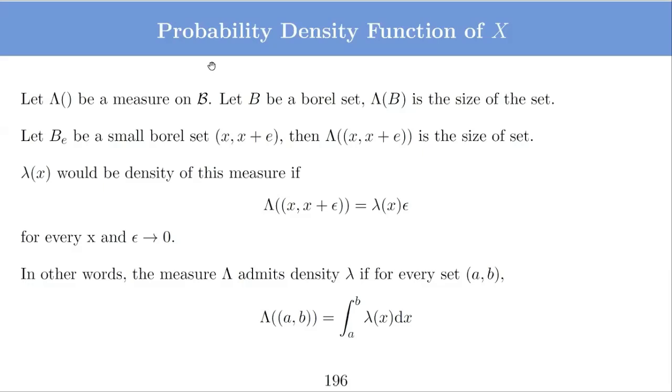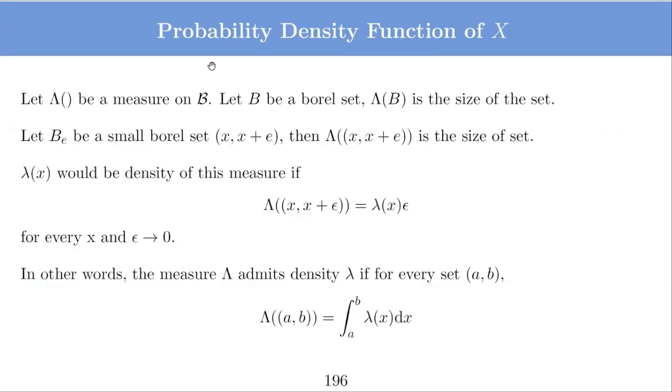I'm still talking about one dimension, so this is the Borel algebra on one dimension. Let B be a small Borel set from x to x plus epsilon. Then lambda of x comma x plus epsilon would be the size of the set. Suppose this small lambda x is the density of the measure. Then we know that the measure of the set can be computed by integrating the density over the length.